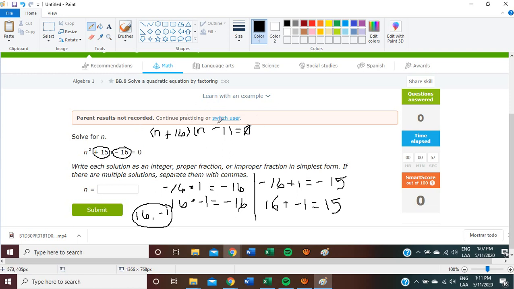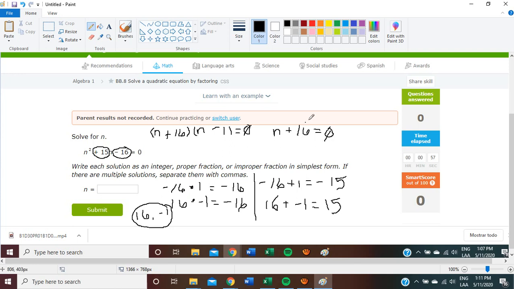These are already factored, and it equals 0. Now what we have to do is what we learned in the previous activity. The first one, which is n plus 16, I am going to equalize to 0.